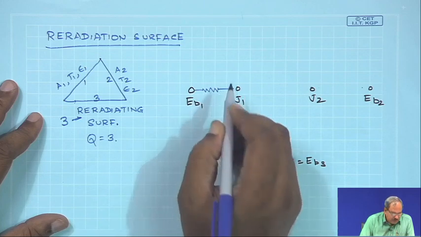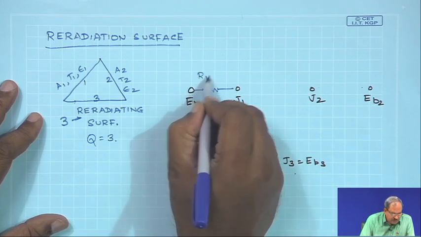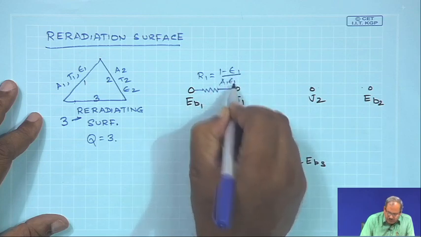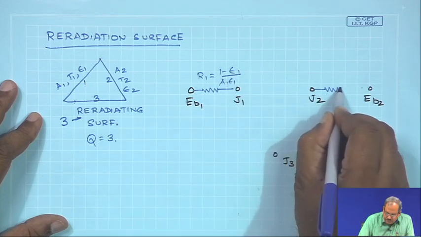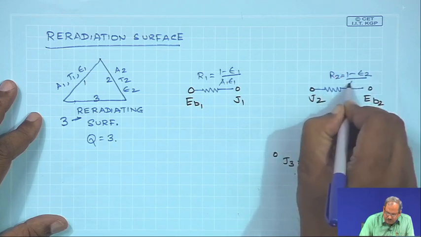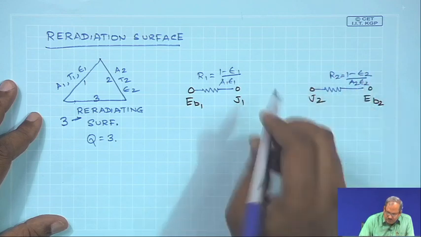So, I have a resistance which is 1 minus epsilon 1 by A1 epsilon 1. This is R2, which is 1 minus epsilon 2 by A2 epsilon 2.